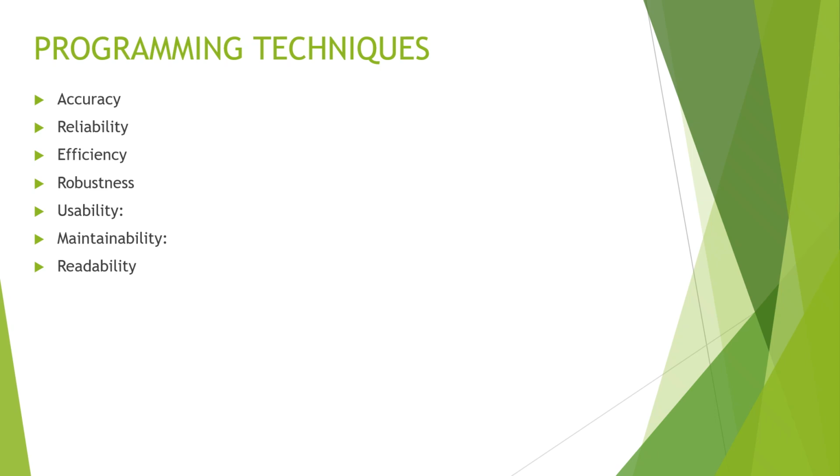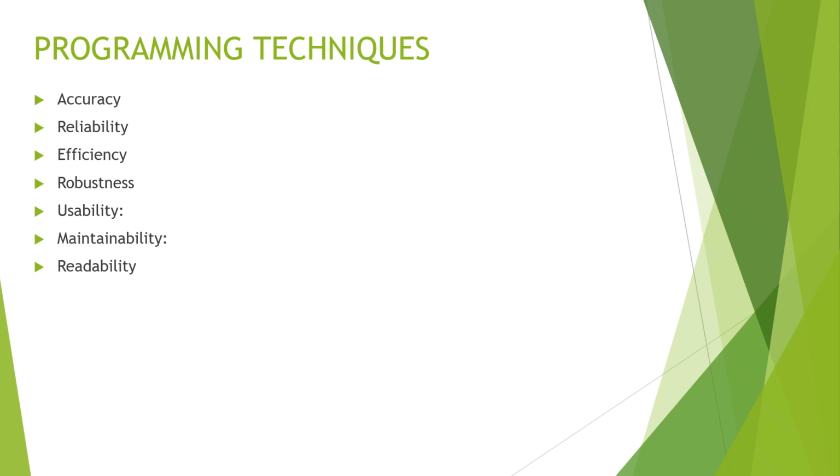When we say accuracy, what do we mean? Accuracy means that the program must be able to correctly perform the thing that it has been assigned to do. It must meet the laid down specifications, the particular criteria that has been set. So it must be able to do what it's supposed to do correctly.